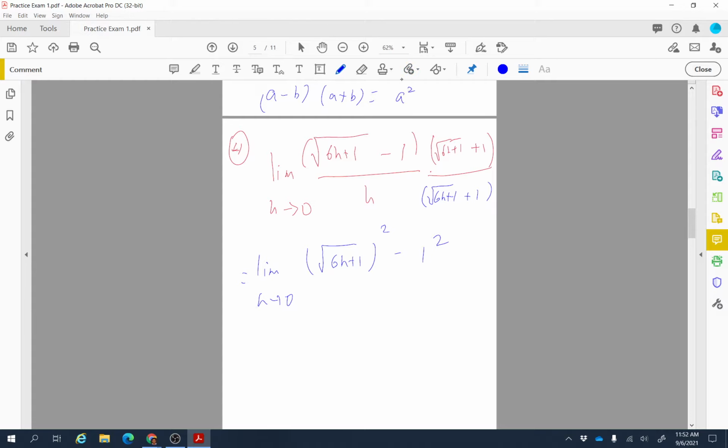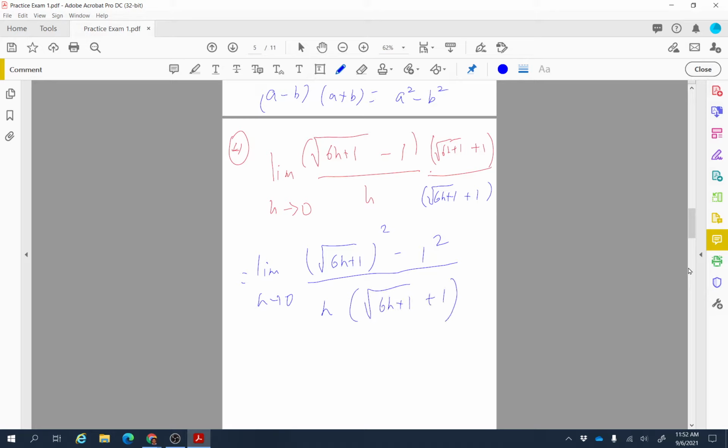The multiplication would be the difference of squares, a squared minus b squared. So for this problem, a is square root of 6h plus 1 and b is 1. That's why a squared minus b squared. On the bottom part, we don't have that kind of thing, so we just keep this as is.